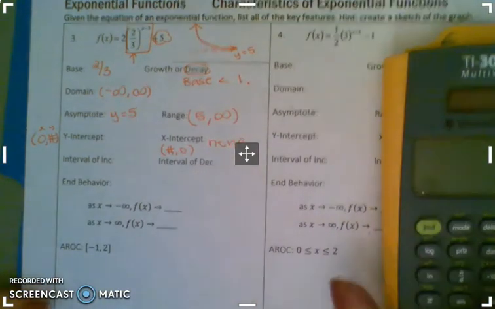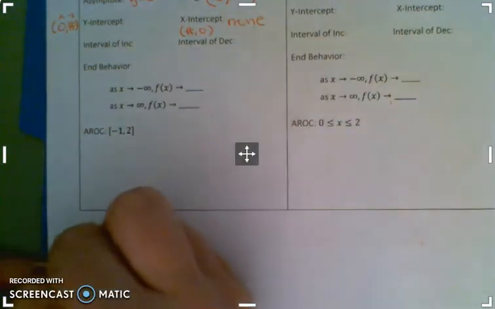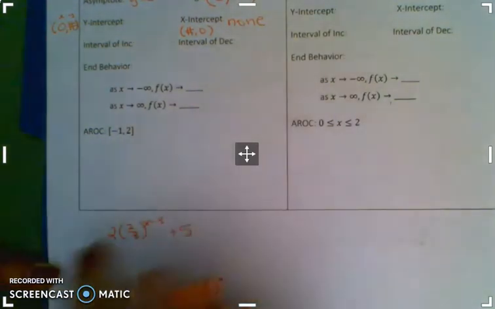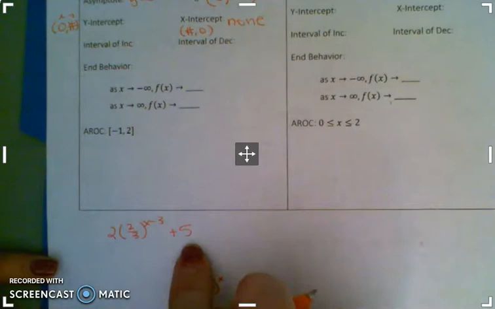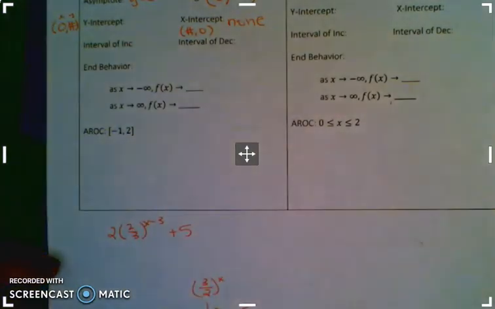So on here, I'm going to go ahead and scoot down a little bit. Let me rewrite our function. So this is the function we're working with. I'm going to use this and plug 0 in for the x.